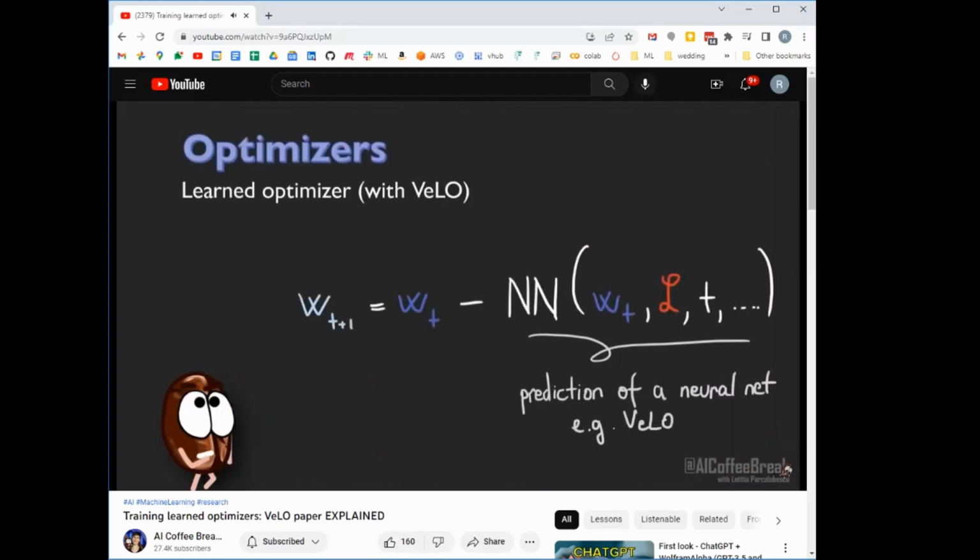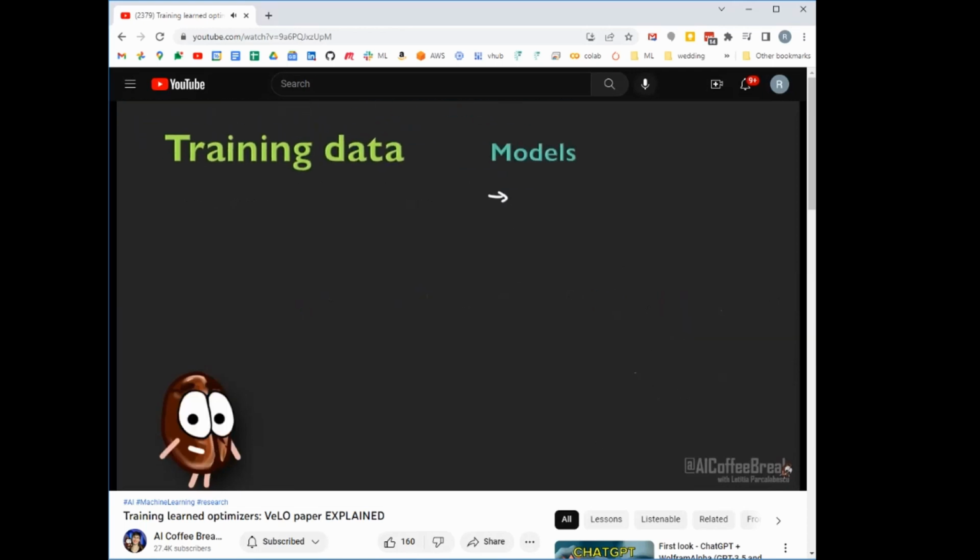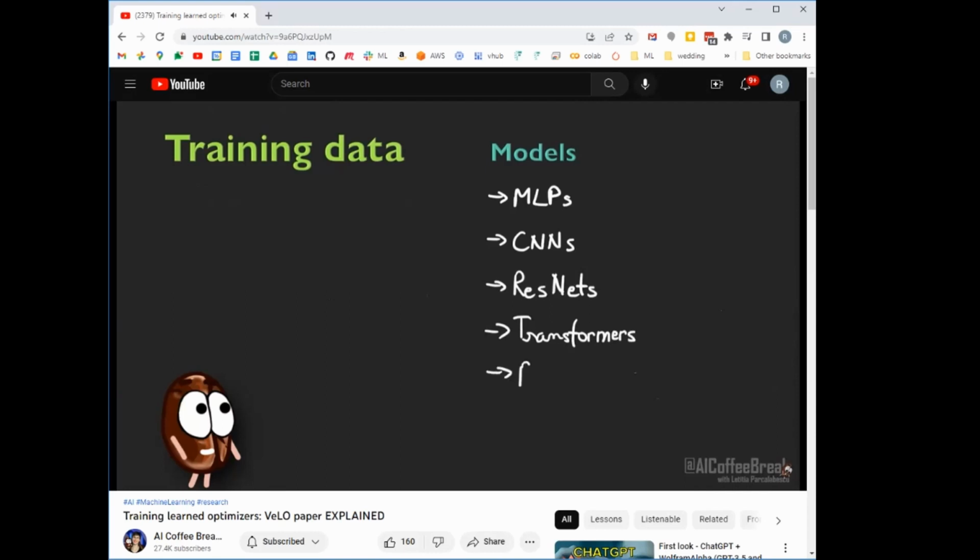What do the authors need to do to train the VeLO neural network to act as an optimizer for other neural networks? First, they need to assemble the training dataset for VeLO, consisting of models of different model families, such as multilayer perceptrons, convolutional networks, residual networks, transformers, recurrent neural networks, autoencoders, variational autoencoders.